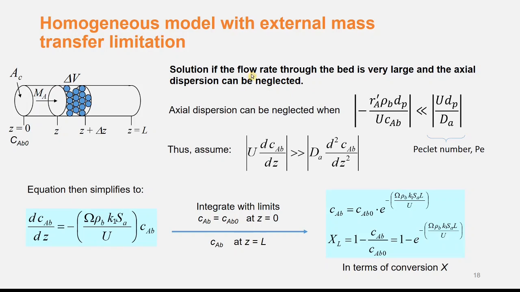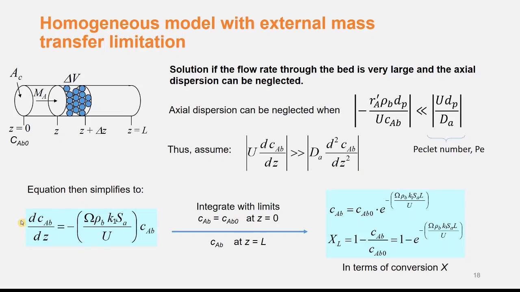This can be done if the superficial velocity is large enough. The test for this is that the rate of reaction divided by convection should be much smaller than the particle Peclet number, which is convection over dispersion. If this is the case, then we can assume the convection term is much larger than the dispersion term, and it is safe to neglect the dispersion term.